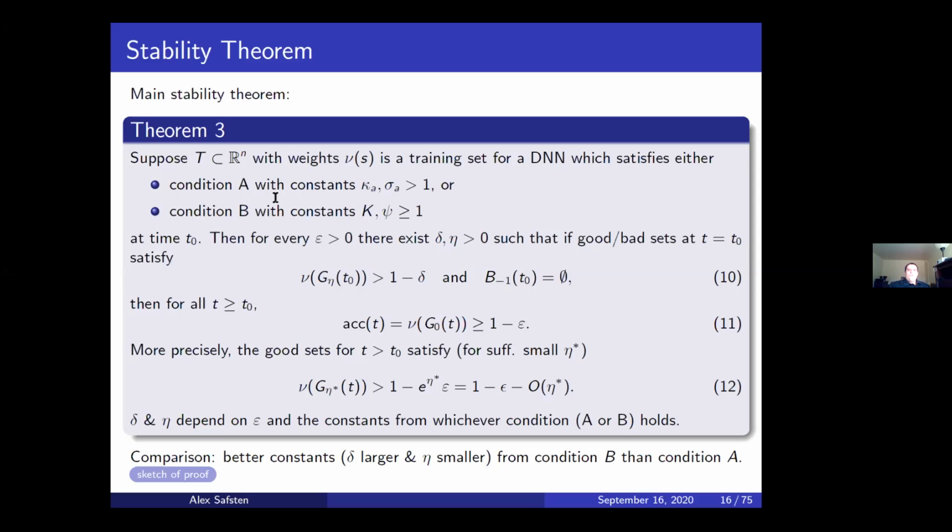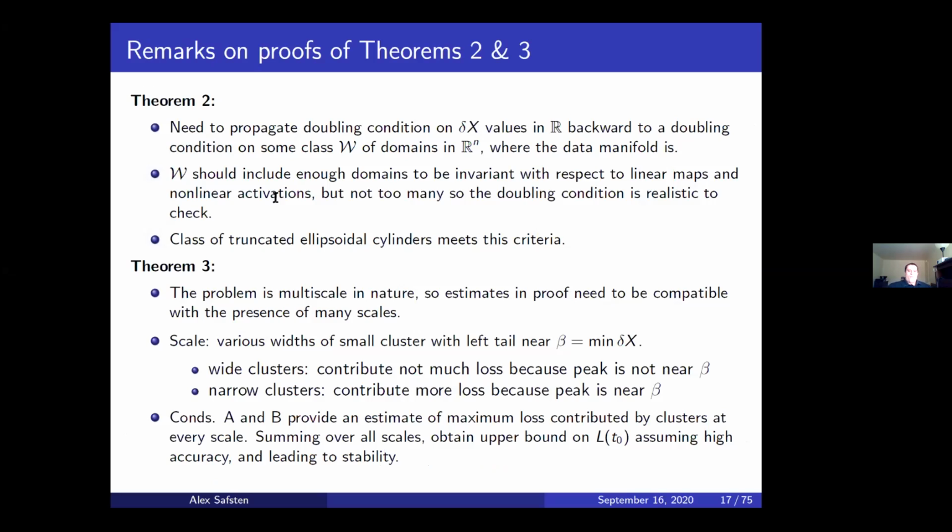So, as a few remarks on the proofs of these two theorems: for theorem 2, that is, that condition C implies condition A, the main challenge is in figuring out what class of domains we will use to define condition C. For that, we need to propagate condition A backwards through the deep neural network from layer to layer onto some class W of domains in Rn where the data manifold lives.